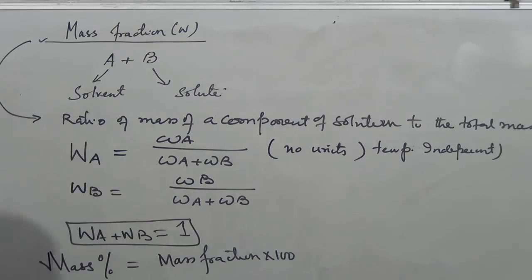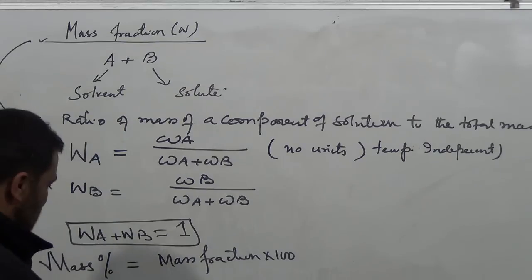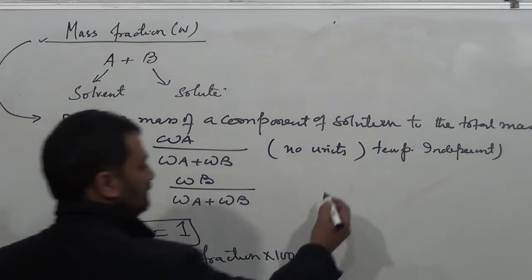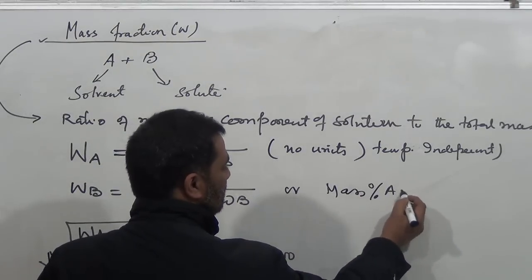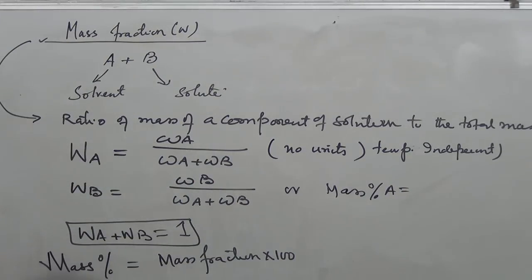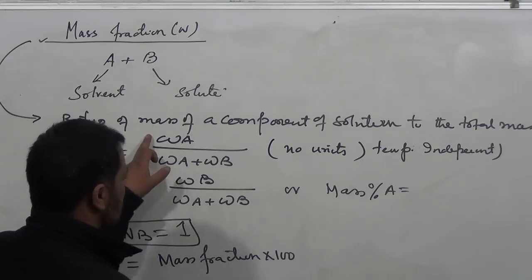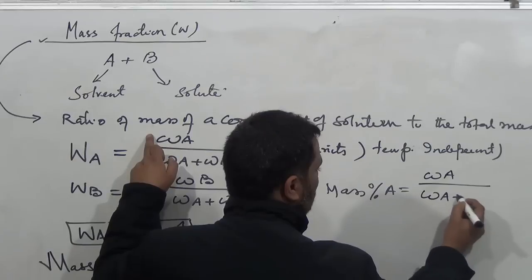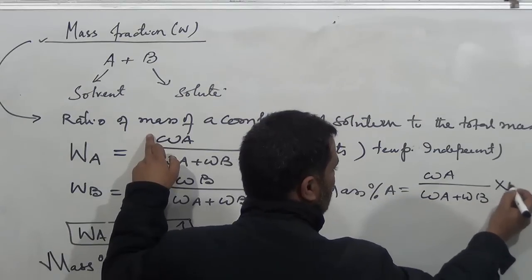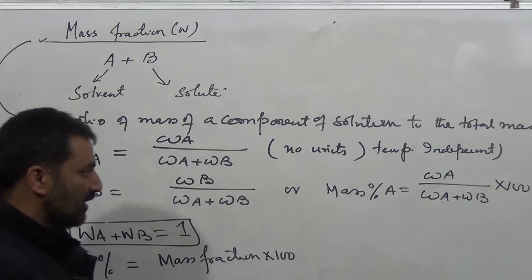This can also be expressed like this: mass percent of A is equal to mass fraction of A, that is WA divided by WA plus WB, multiplied by 100.